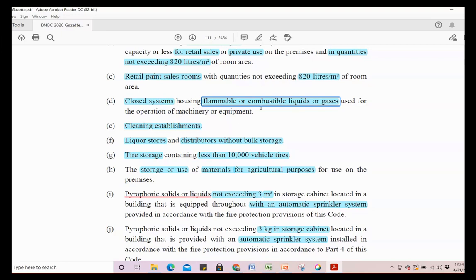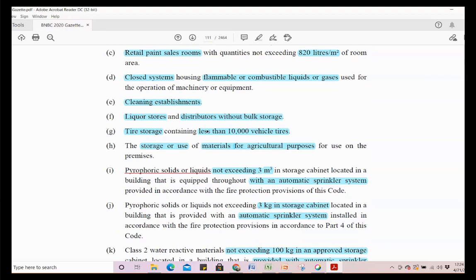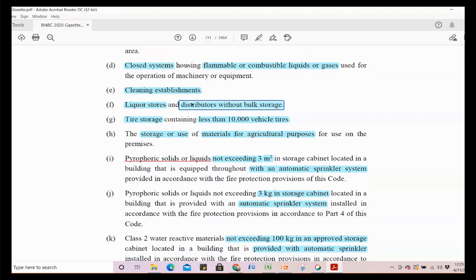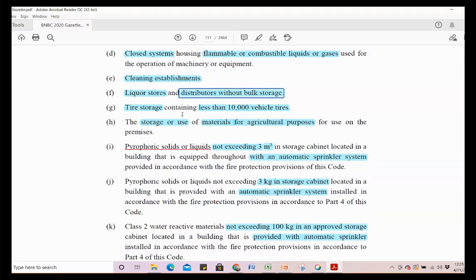So that is called a closed system. So for this, there will be flexibility. Cleaning establishments will be out of this criteria. Liquor stores, distributors without bulk storage. So liquor stores and distributors without bulk storage will fall into this category. Tire storage containing less than 10,000 vehicle tires. The storage or use of materials for agriculture purposes.